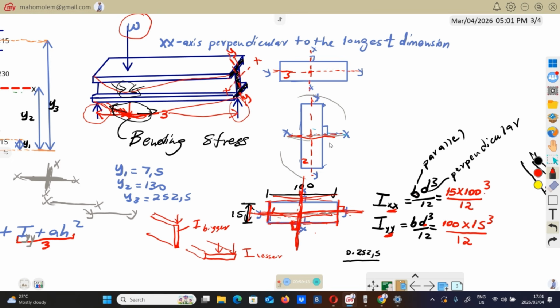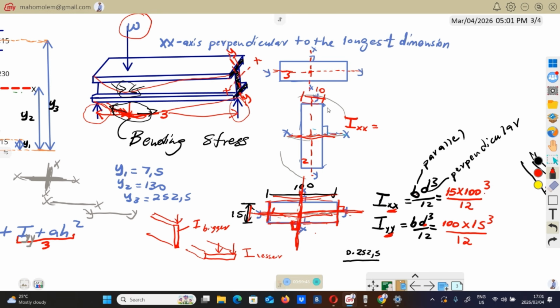Because I don't want this video to last long, I'm going to do these ones quickly. We are done with box number 1. We go to box number 2 and do the same thing. We find IXX. You check the side parallel to XX, which is this side. I think it's 10.